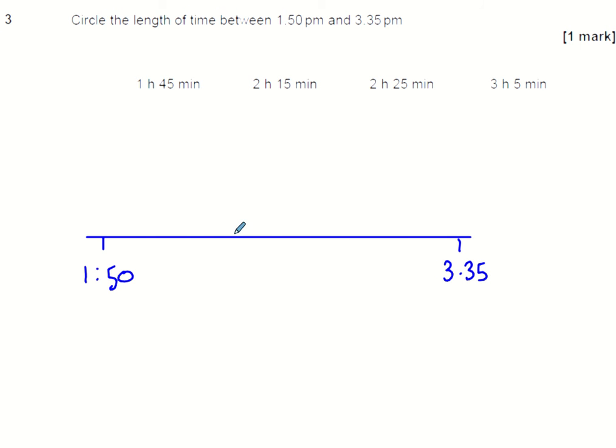I do this on a number line so that I can make small jumps to certain time periods that make more sense to me. So from 1:50, if I go up a very small jump of just 10 minutes, that will take me to 2 o'clock. From 2 o'clock, I can go up a fairly big jump of 1 hour, and that will take me to 3 o'clock.